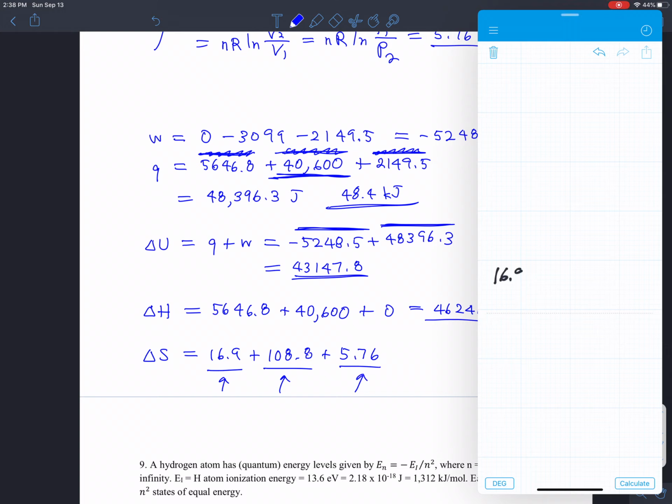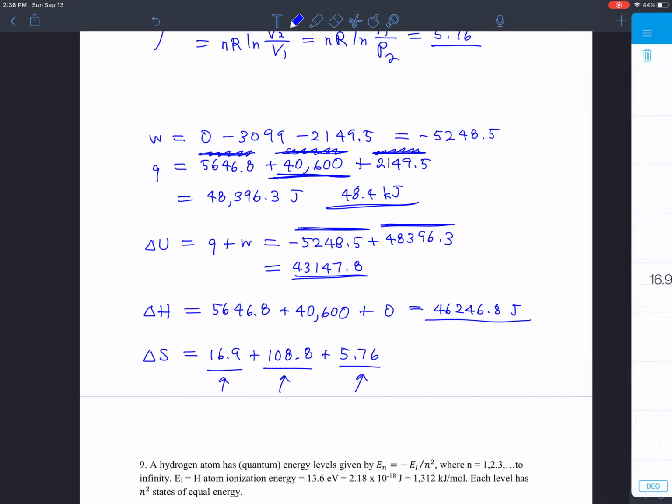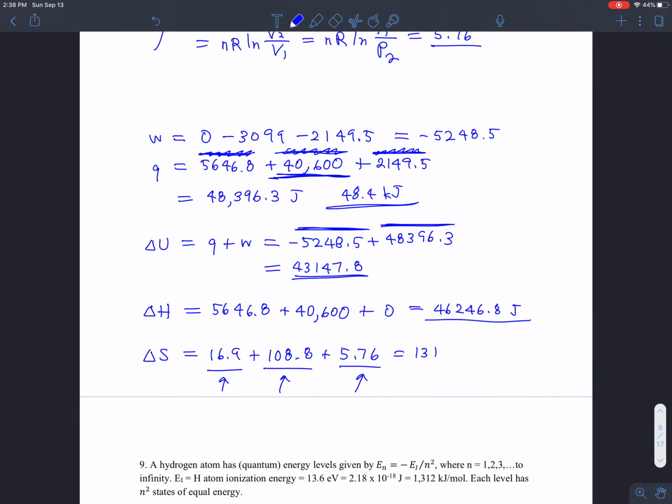So 16.9 plus 108.8 plus 5.76 is equal to 131.46 joules per K. And that is it for this problem, and we'll stop there and do the next problem.